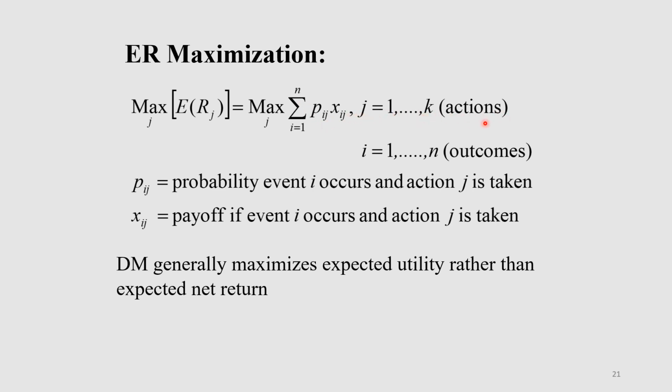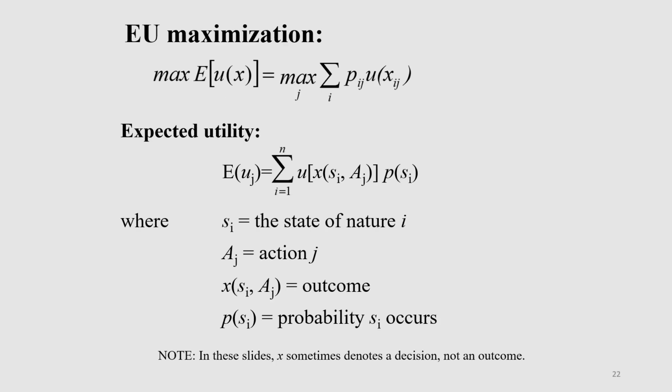J refers to actions, I refers to outcomes. Usually we will pick one of these J's. Pij is the probability event I occurs and action J is taken. Xij is the payoff if event I occurs and the action J is taken. The decision maker generally maximizes expected utility rather than expected net return.